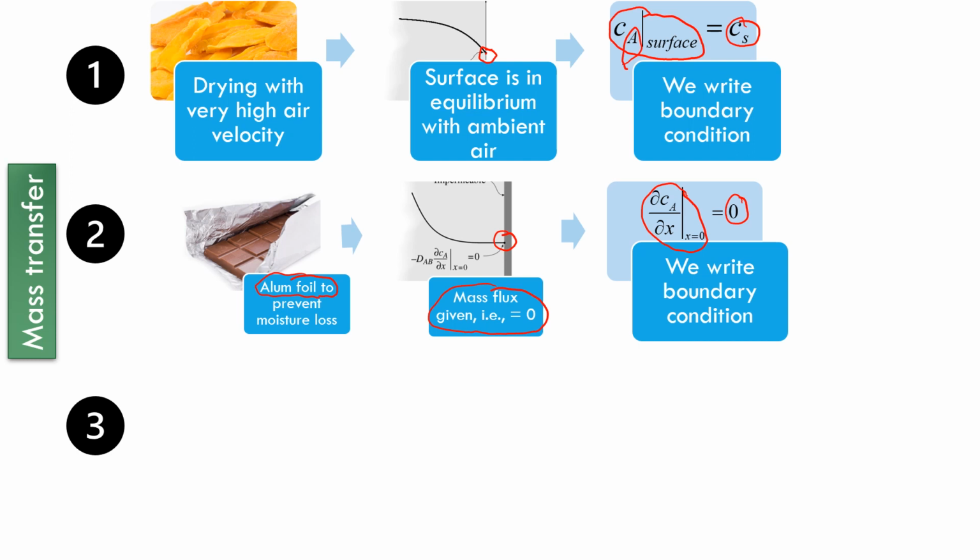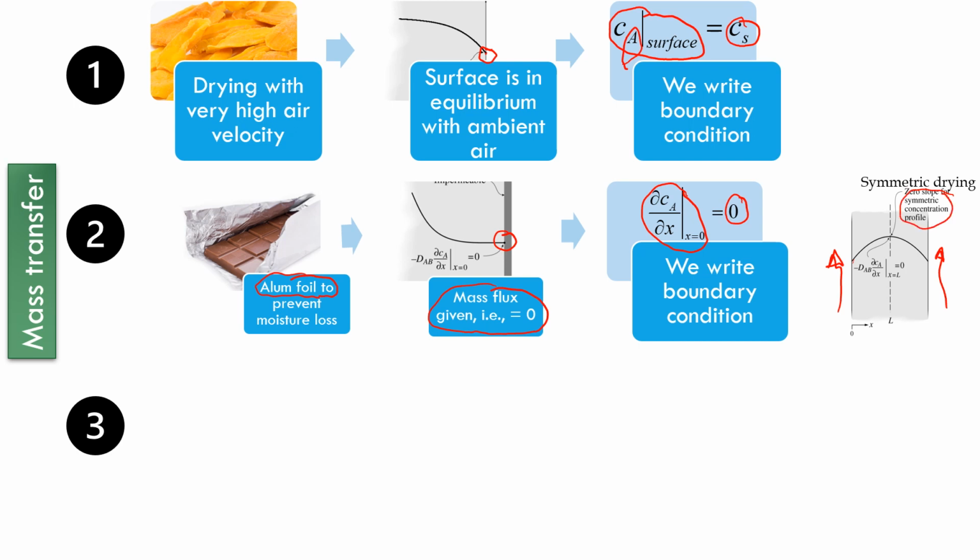Another special situation, again with this same condition, is when we have symmetry. So let's say we have a slab and it's drying from both sides. So the profile is going to be symmetric.